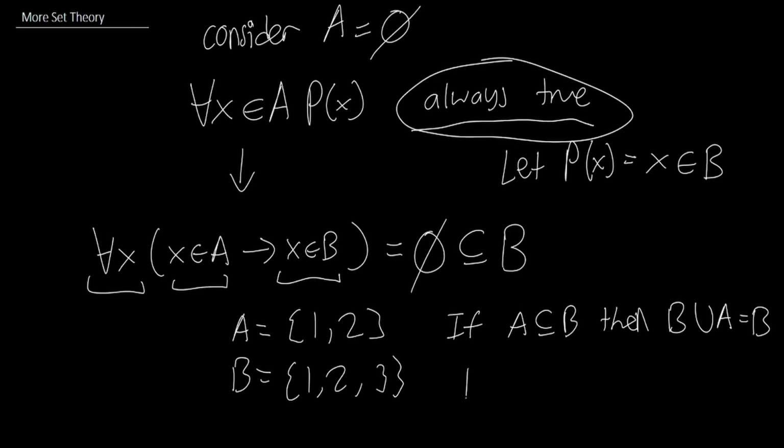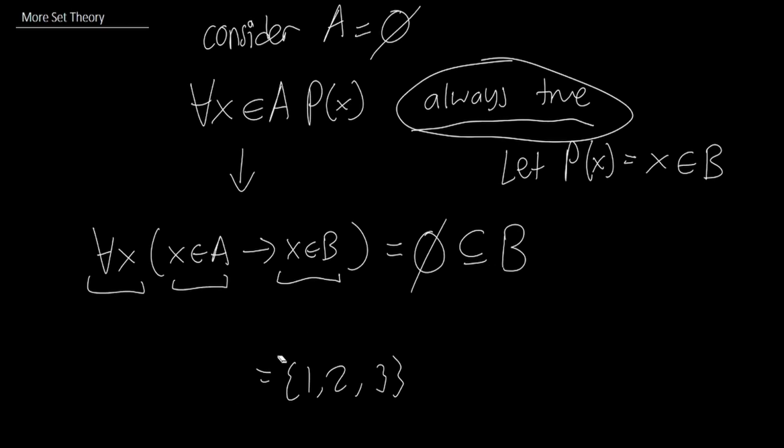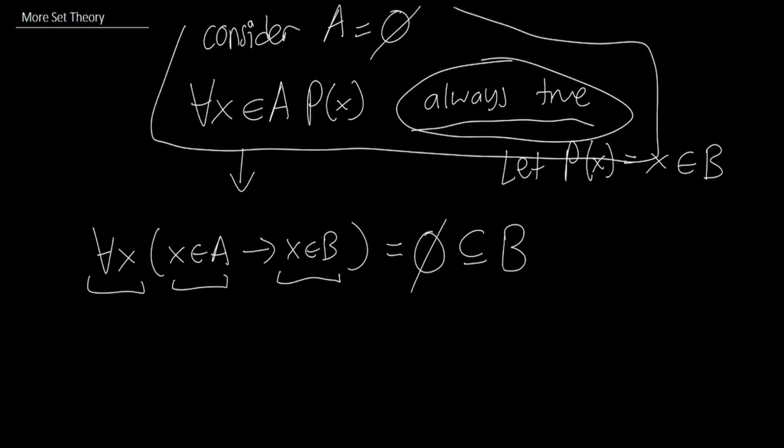Well, clearly, B union the empty set is still the same as B. So therefore, the empty set must be a subset of B because it satisfies this condition. So by that argument, the empty set is a subset of B, and by this argument as well, the empty set is also a subset of B.